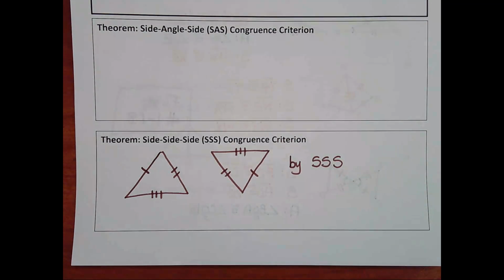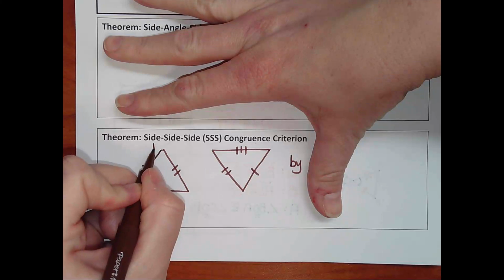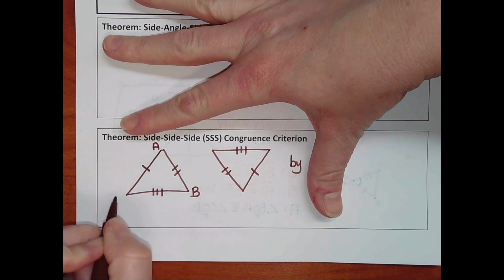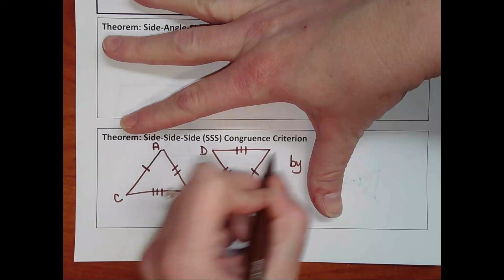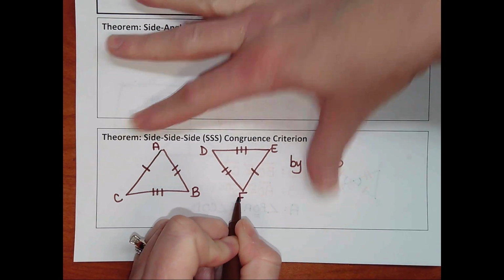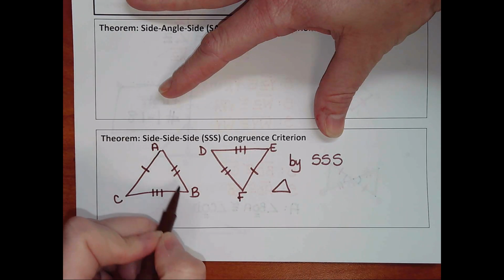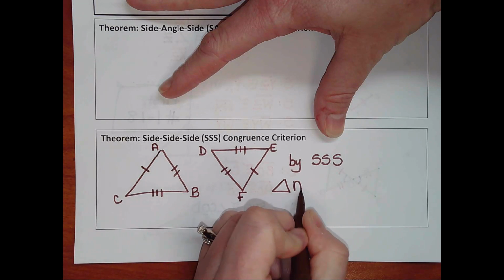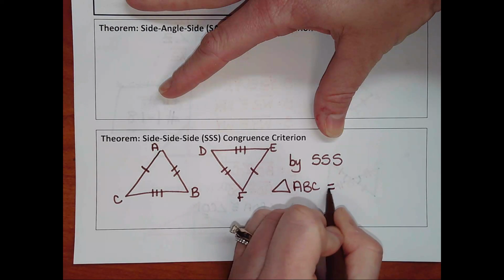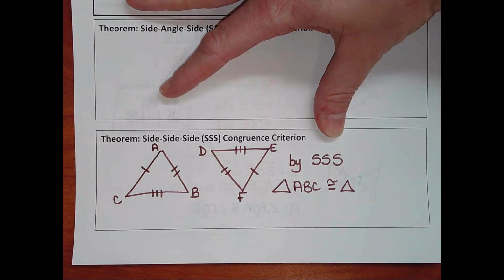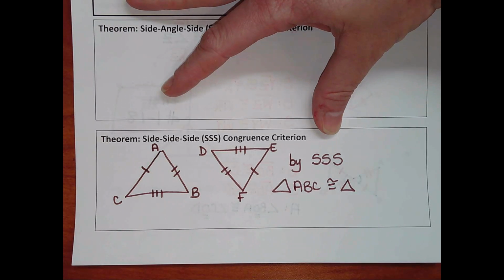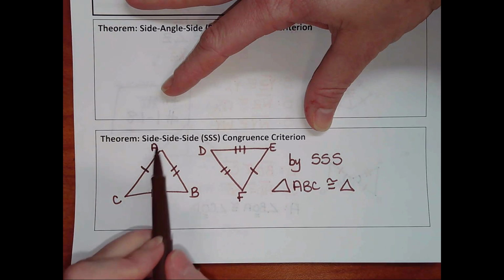And we would be able to write what's called a congruence statement. I don't have these labeled, so we can do that right now. We'll call this A, B, C, and we'll call this D, E, F. So you would say triangle A, B, C is congruent to triangle... Now this is where you have to be careful. You're going to have to do this a lot today, and you have to match up the angles.